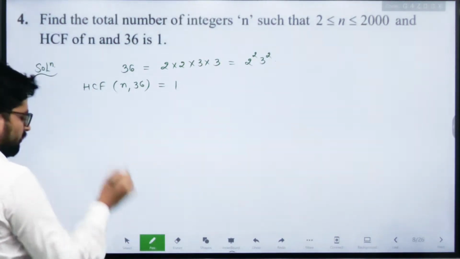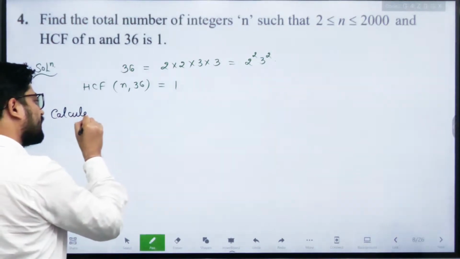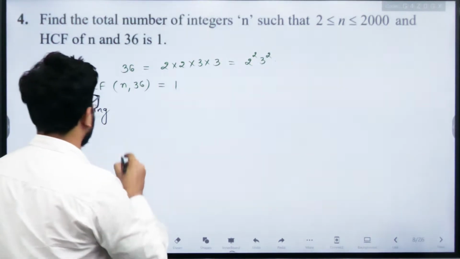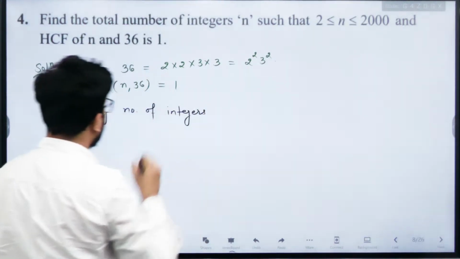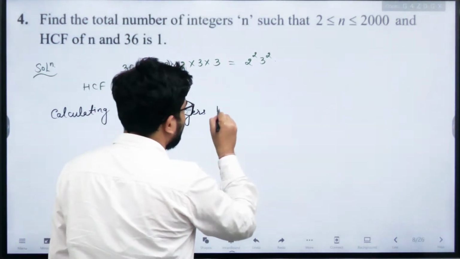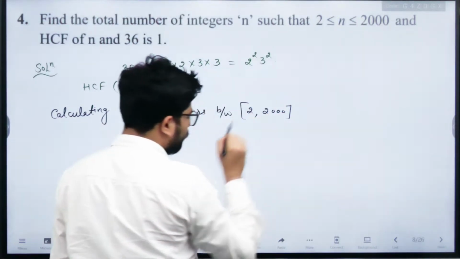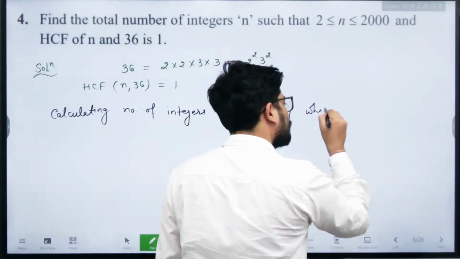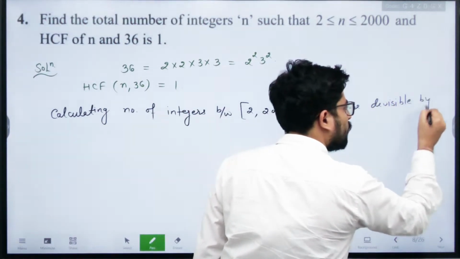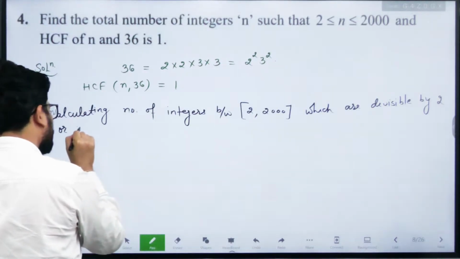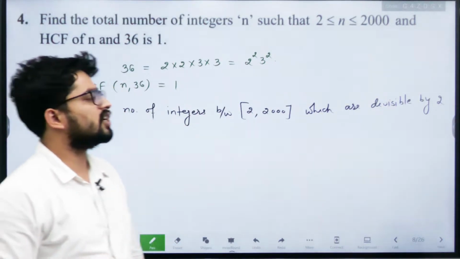We are calculating the number of integers between 2 to 2000 which are divisible by 2 or 3.